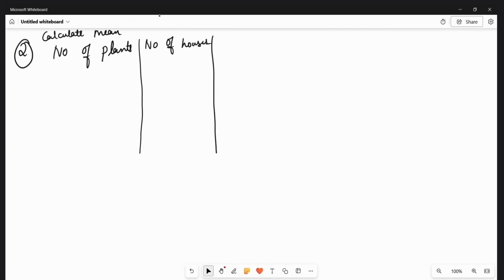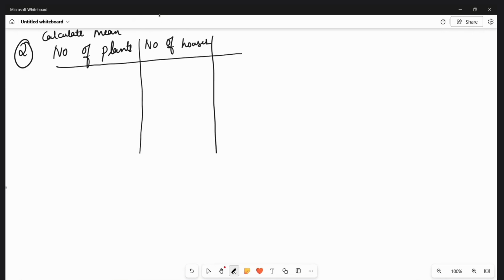First one in the exercise I've given: a survey was conducted by a group of students as a part of their environment awareness program, in which they collect the following data regarding the number of plants in 20 houses in a locality. Find the mean number of plants per house.